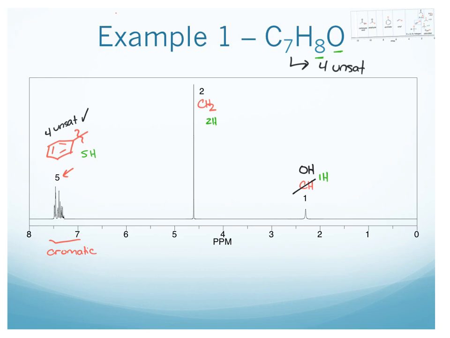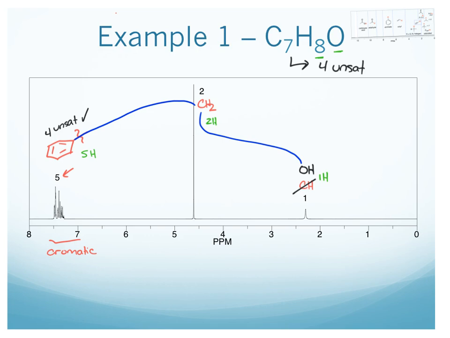We have our CH2 carbon. That'll connect to the OH. And it'll connect to the aromatic ring because that CH2 needed 2 bonds.